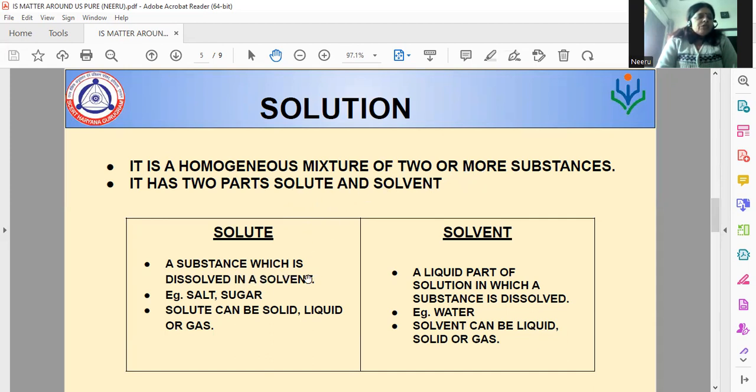The substance in which the solute is dissolved is the solvent. Like in a sugar solution or salt solution, sugar and salt are solutes, whereas water is the solvent. That is the liquid part of the solution in which the substance is dissolved, called the solvent. Here in sugar solution, water is the solvent, but solvents are not necessarily always liquid. They can be solid or gas also.